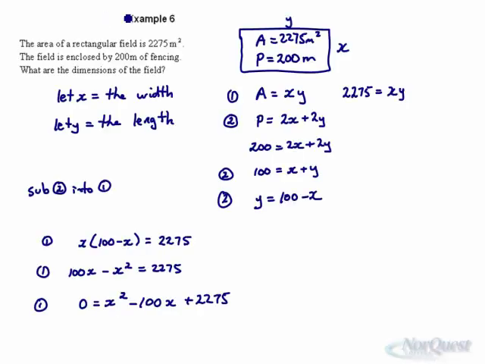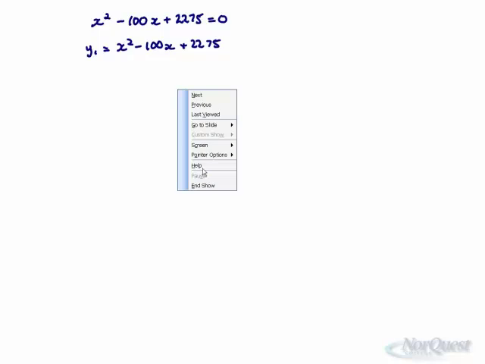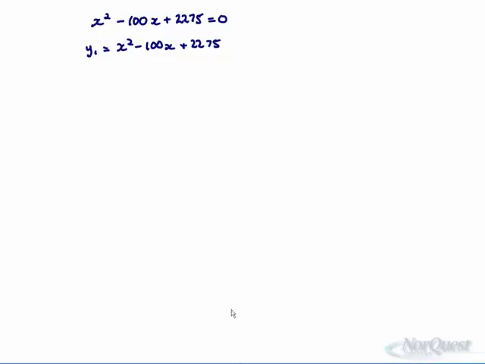I had x squared minus 100x plus 2275 equals 0. We're going to graph x squared minus 100x plus 2275 on our calculator. So let me bring up the calculator again so we can practice this one more time.